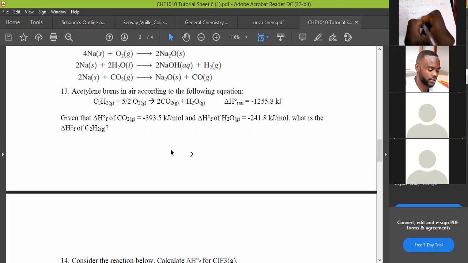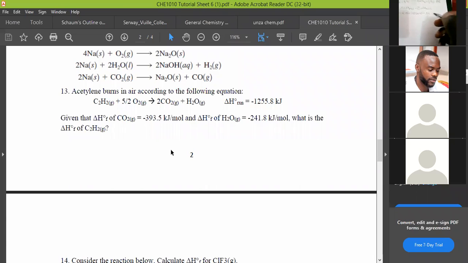So this one has minus 241.8, then minus the enthalpy of formation of ethane.